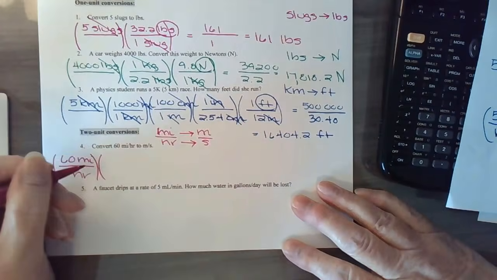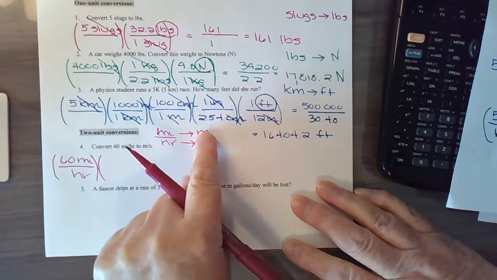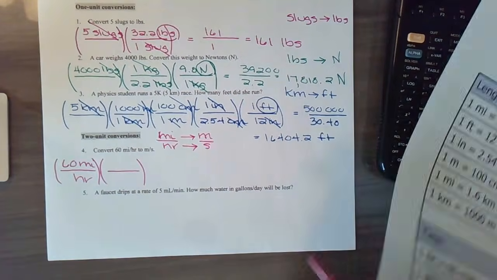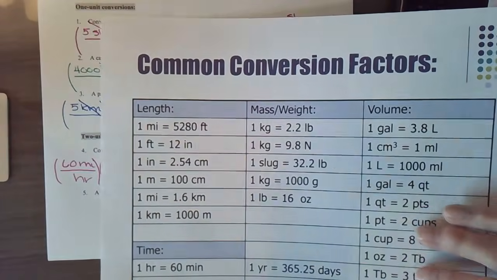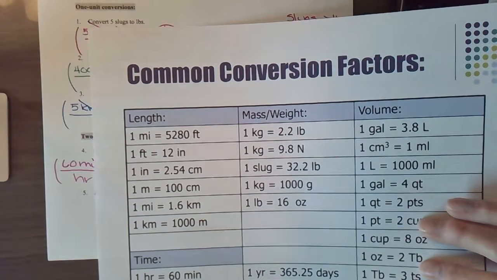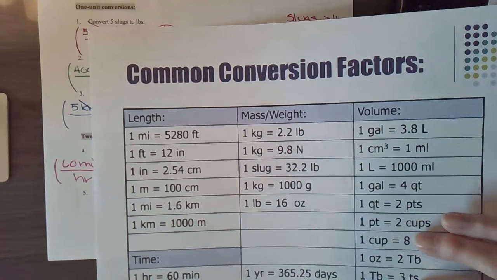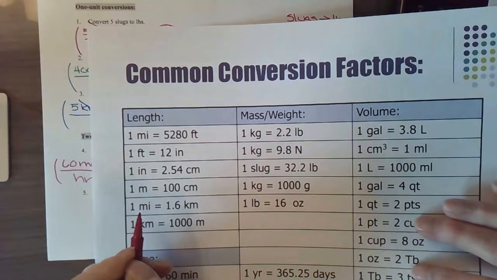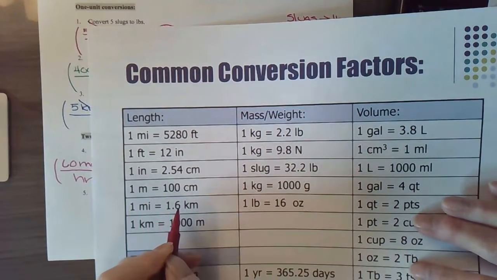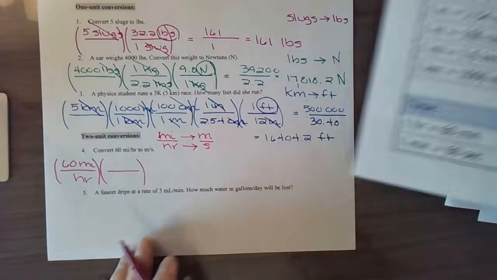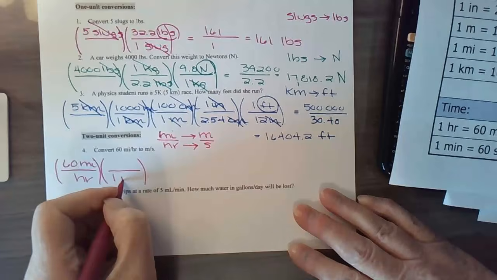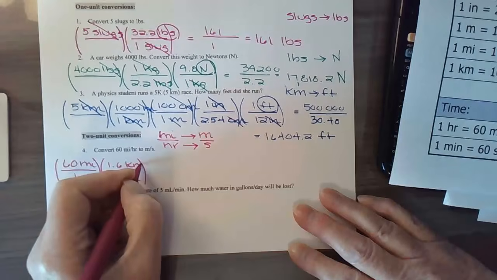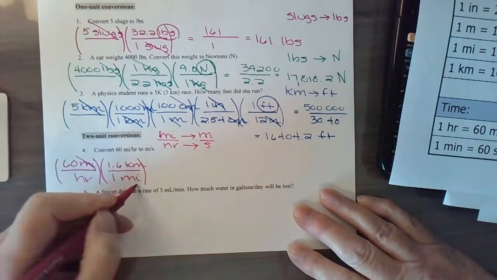All right, so let's just start with trying to get miles to meters. What do I know about miles to meters? There's no miles to meters. So how about this? 1 mile is 1.6 kilometers. Let's start with that, because then the miles will cancel.